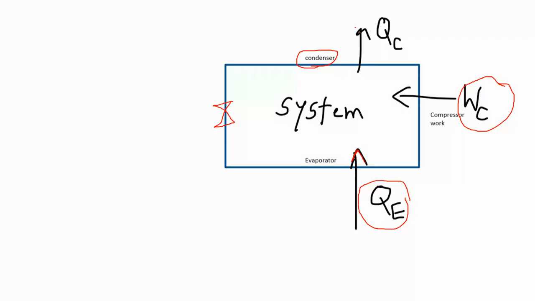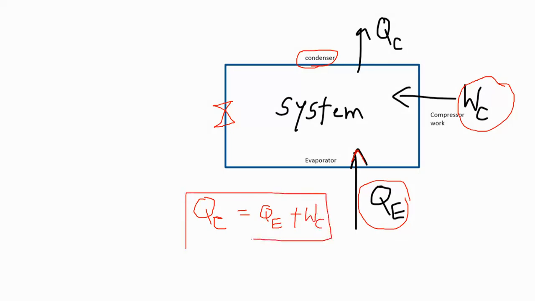Now as you see, this is an open system, so apply the first law of thermodynamics. Whatever heat and work is coming in, that is going outside of the system. So I can write this equation. This is equation number 1.